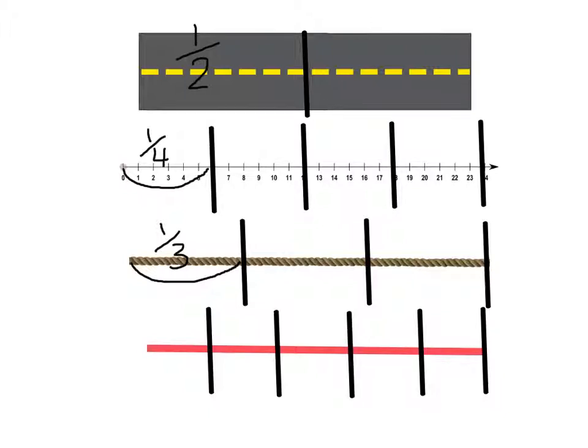I'll just move it a little bit and try my best to make sure they're equal. So 1/5 is 1 of 5 equal parts of my whole line. So I'll just write 1/5 here. So from the beginning of the line to this first marker, that length there is showing 1/5.